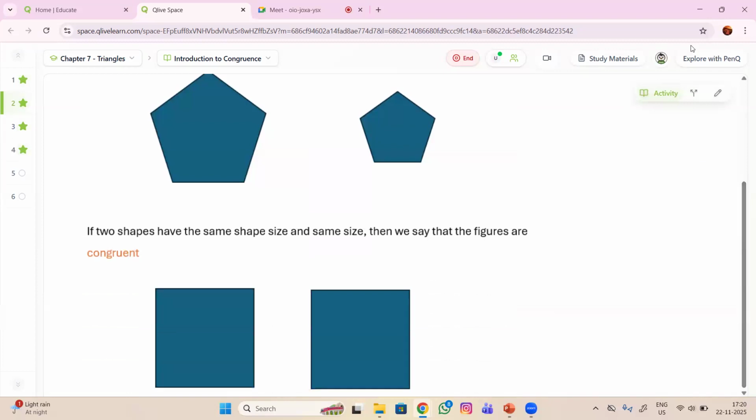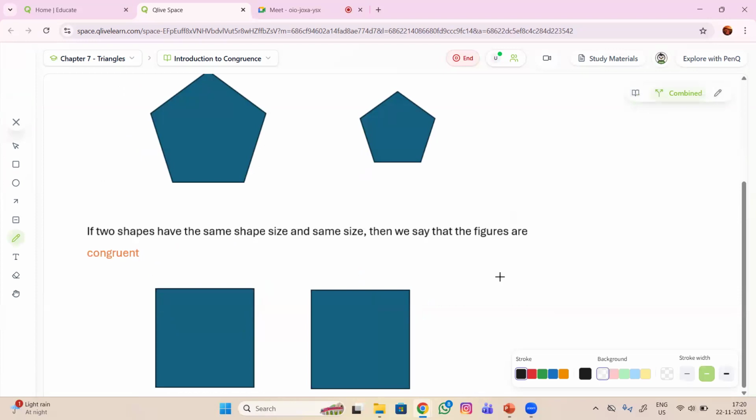So these figures are identical. They have the same shape and same size. So they are identical figures.